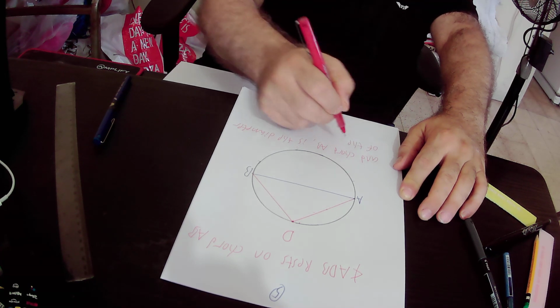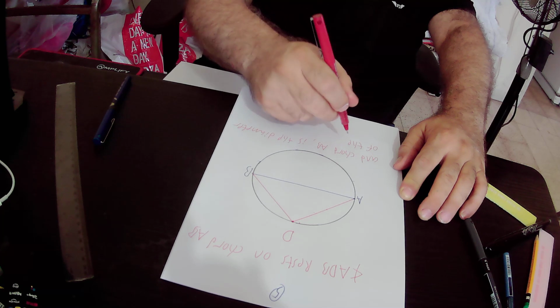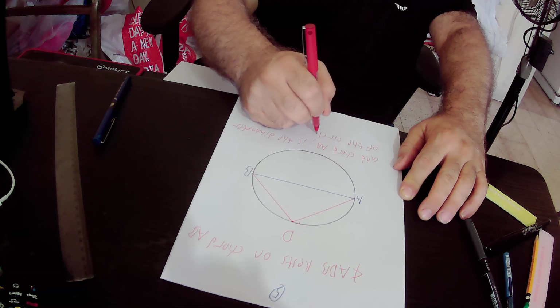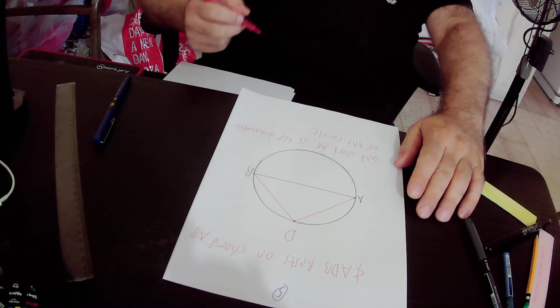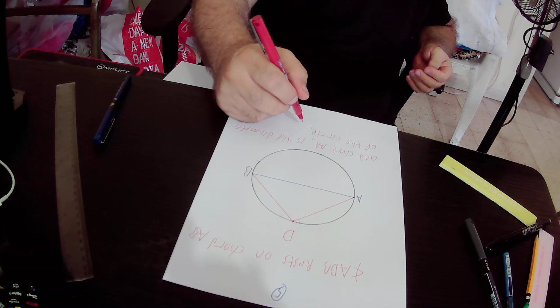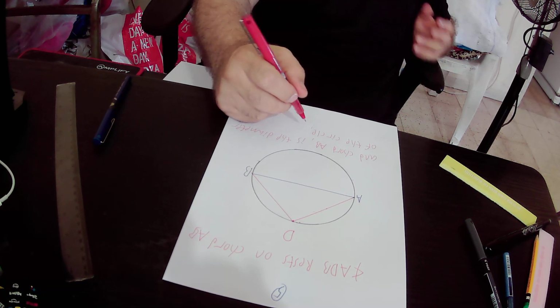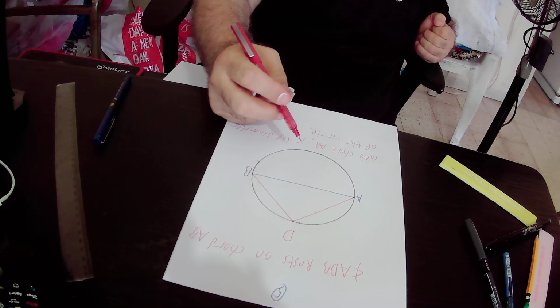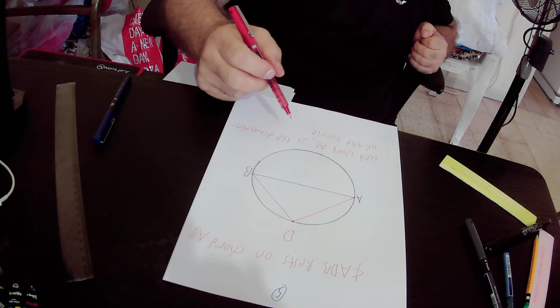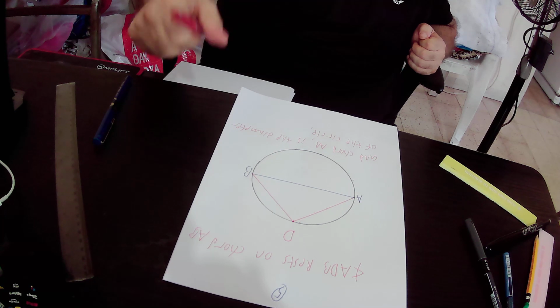We defined chord AB as the diameter of the circle. For that reason, according to rule number 1, peripheral angle ADB will be equal to 90 degrees.